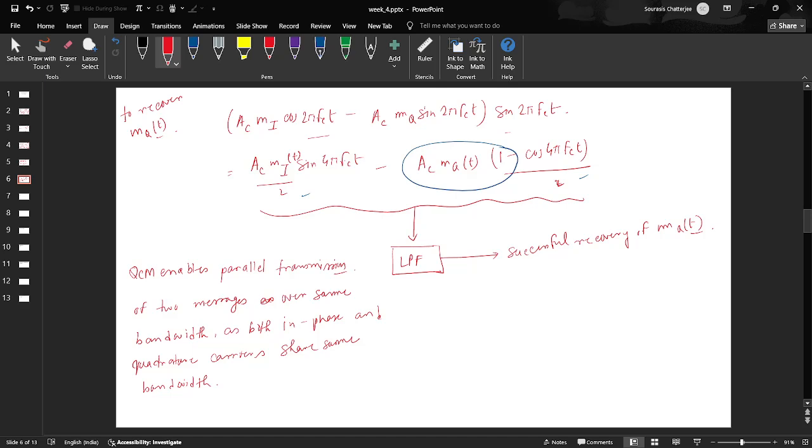So essentially you can transmit one message over each of them, and since they are not interfering at the receiver side, you can demodulate them separately, but crucially the bandwidth usage remains the same. So earlier you were able to send a single message, now we can send two messages at a time because of this orthogonality property of the underlying carriers. That is the key benefit of QCM, or quadrature carrier multiplexing.